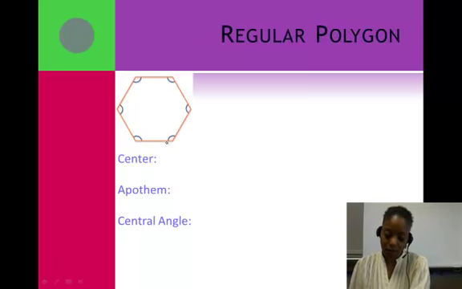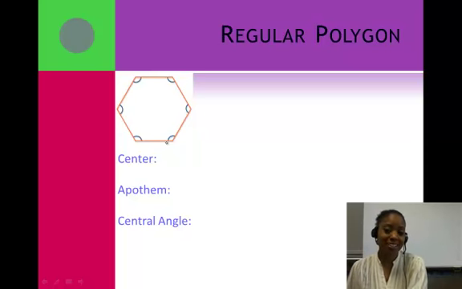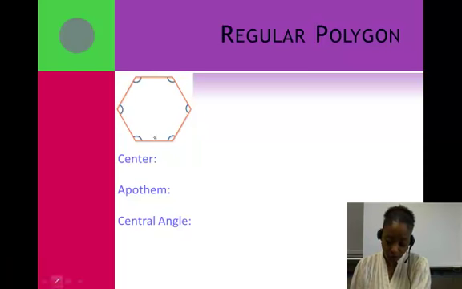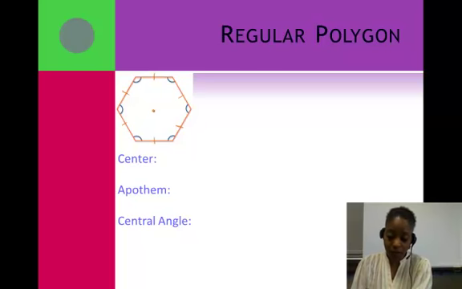All right, so now we're going to talk a little bit about a regular polygon. If you recall, a regular polygon is a polygon that has all congruent sides and all congruent angles. So here you can see that all of the angles are congruent and all of the sides in a regular polygon are also congruent. Now similar to a circle, a regular polygon has a center.